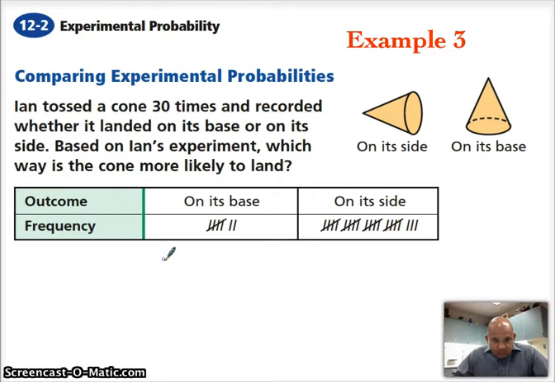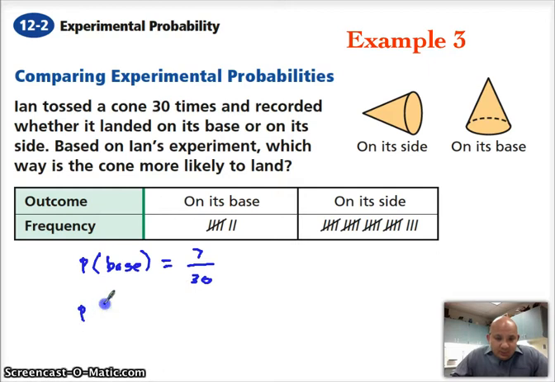So the question is, how do these compare? So let's figure out the probability for the base. Probability for the base is equivalent to, well, there's 7 times out of a total of, and if we combine these tick marks, they would equal 30. So 7 out of 30 times it landed on its base. Not a lot of times.